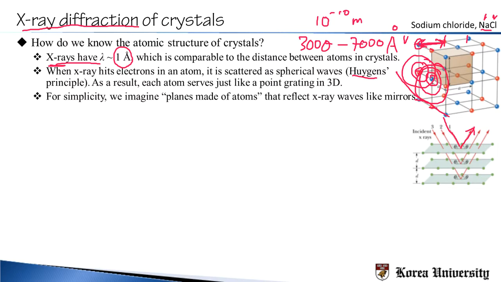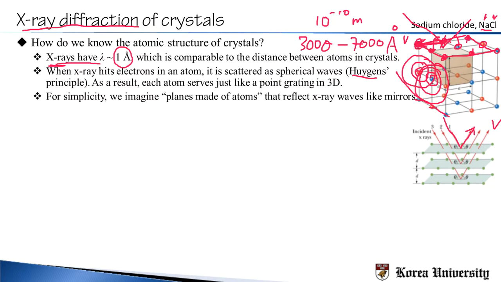What kind of mirror? A mirror made of atoms. For example, here we have 1, 2, 3, 4, 5, 6, 7, 8, 9, and more atoms. You can imagine there is a plane like this, and when atoms on this plane produce scattered X-rays, it will just work like a mirror. So when things come in, they go out at the same angle, just like in the figure here.